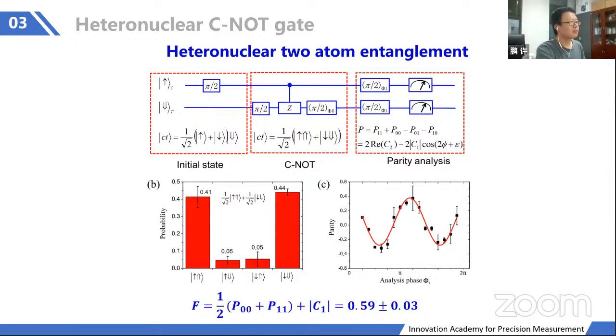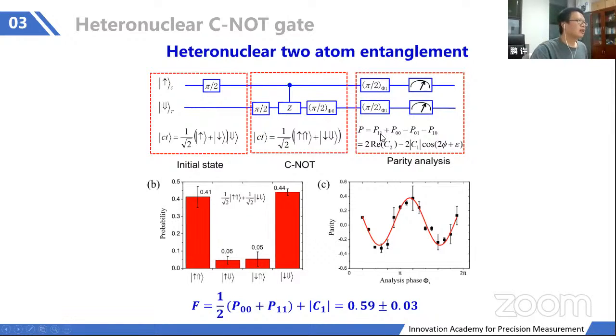We also measure the entanglement parity. We measure the parity of the entanglement to verify that these two atoms are really entangled. This entanglement is constructed like this. We prepare the control qubit in a superposition state with a pi over 2 pulse, and then after the CNOT gate, we can construct the entanglement between these two atoms.